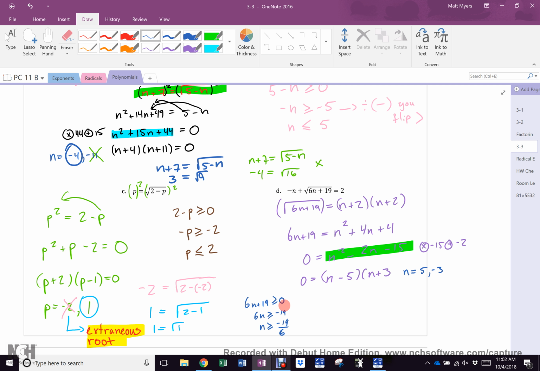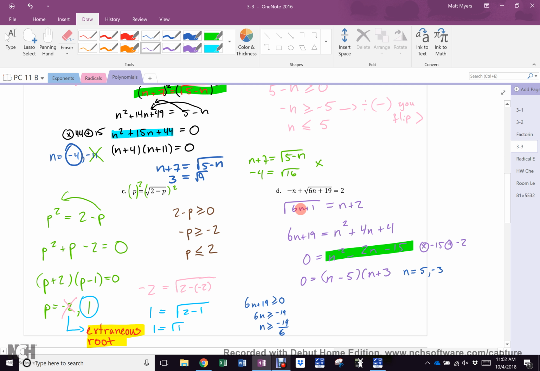So what's next? Put it in. Check what? Where do we check? Anywhere I see an n, I can put it in. I think the easiest spot to put it in is right there, don't you? So what would go in for n? 5.